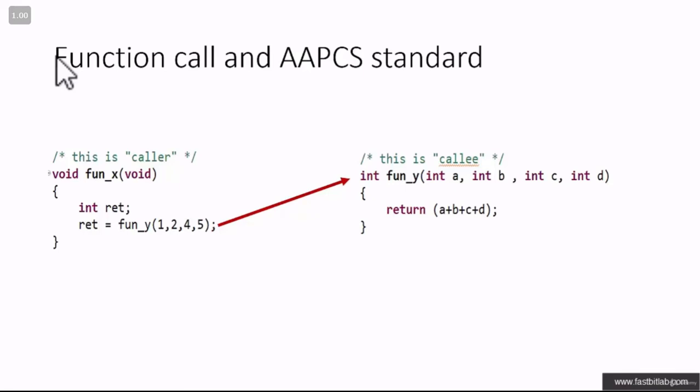The callee function, that is function Y, also receives four input arguments from the external world or from some other function. And function Y also returns data back to the caller. These terminologies, caller and callee, are used very often in this standard. This is a document actually, you can get it online.